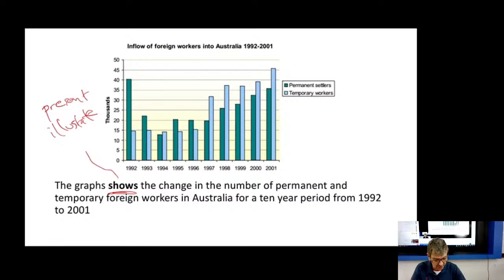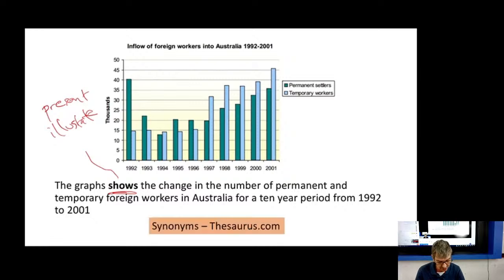So how can you find these? Well, synonyms you can find at a good place. This is where I go for all of mine. This is thesaurus.com. So go there, type in your word, and then you'll get lots of different words with the same meaning. So like equivalent words or similar meanings for that one word that you're trying to find a different word for. So there we go.